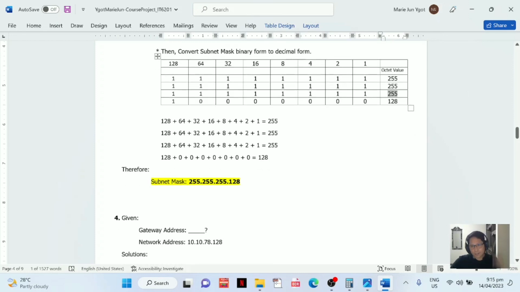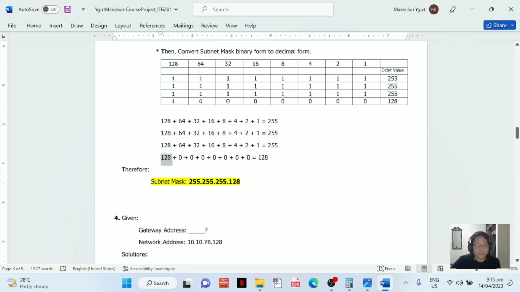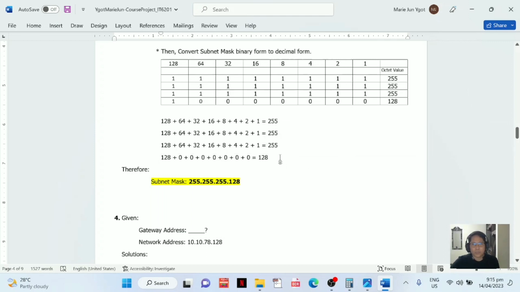So for the last octet, we only have one here, and the rest is zeros. Okay, so meaning we only have 128. So 128 plus 0 plus 0 plus 0 plus 0 plus 0 is equal to 128.